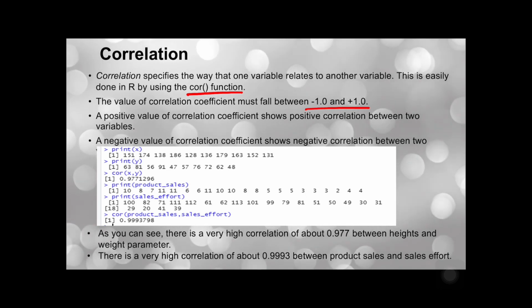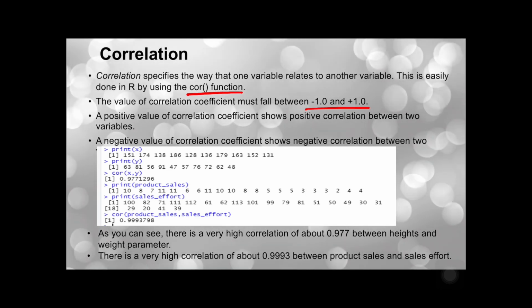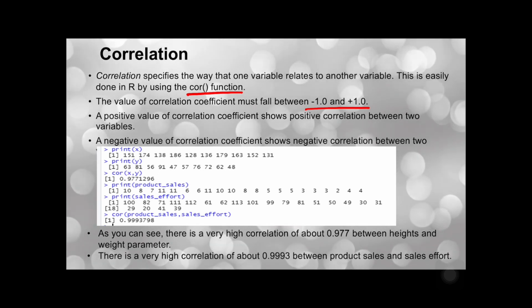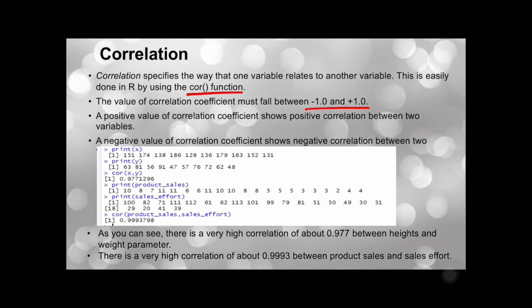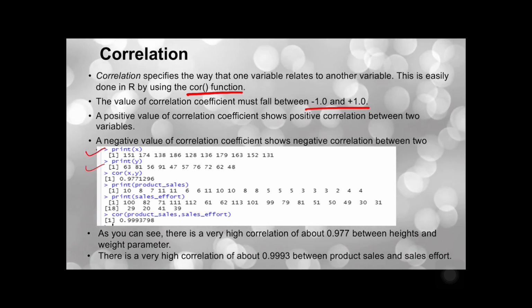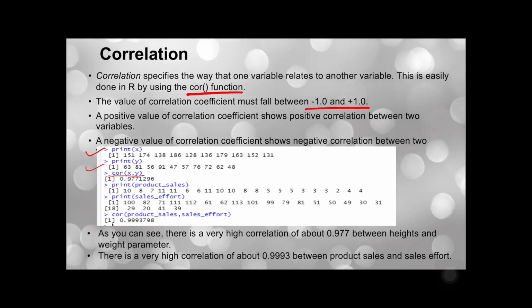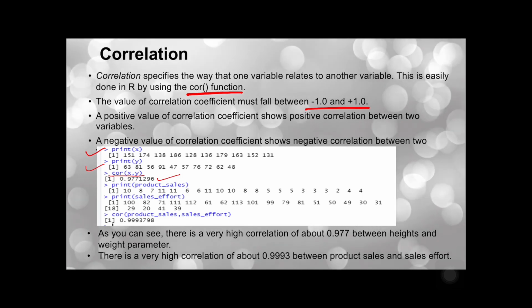So +1 shows the perfect positive correlation between two variables, whereas -1 shows perfect negative correlation between two variables. We have defined two variables, that is x and y, and then we have to simply use the function COR in brackets x comma y, and we get the value of the correlation coefficient as 0.977.